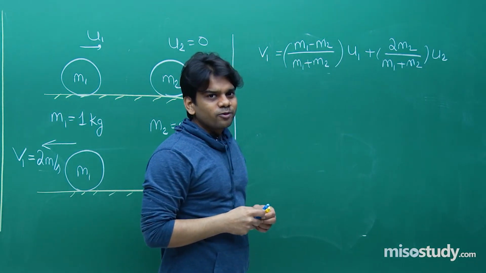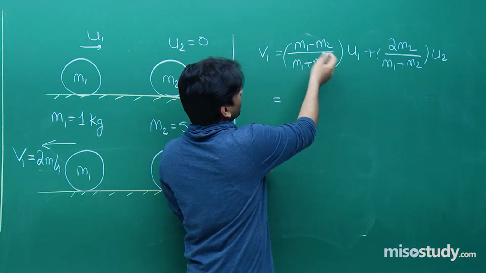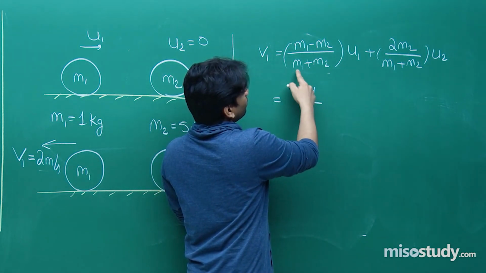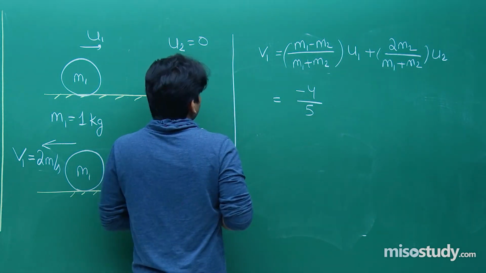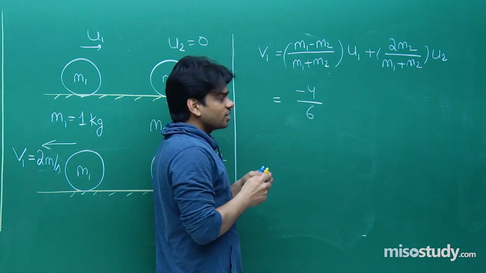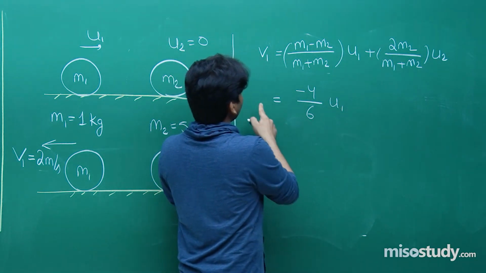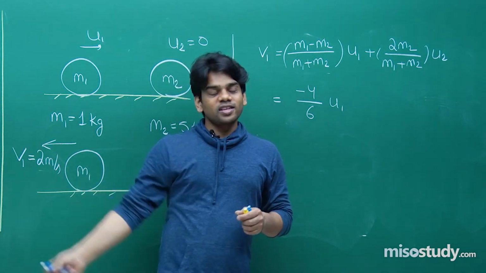This is the formula I have taught you in the regular class. m1 minus m2 gives 1 minus 5, that is minus 4, divided by m1 plus m2, that will be 5 plus 1, 6 kg. So let me write this as 6, and u1 we don't know, let's keep it as u1, and v1 comes out to be 2 meter per second towards left.